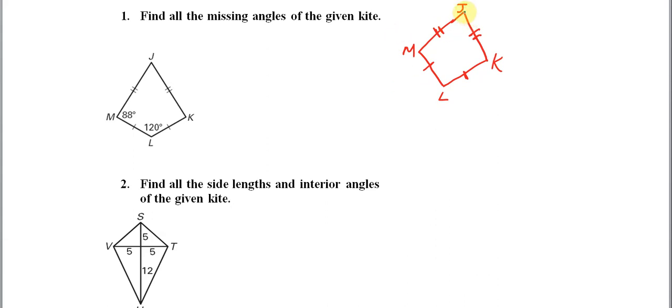So one thing we can start out by doing is just cutting this picture into two smaller triangles. And you see I have a triangle on the left and a triangle on the right. They are, in fact, the same size and the same shape. So I'm going to make this claim here that triangle JML is congruent to triangle JKL.